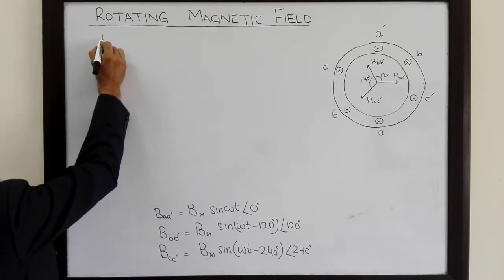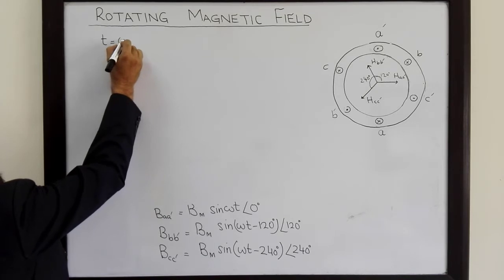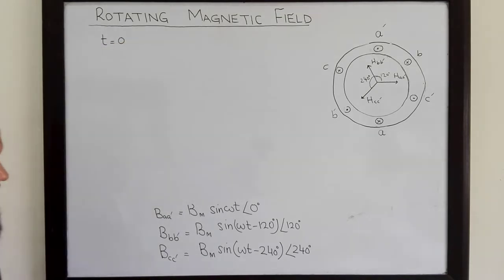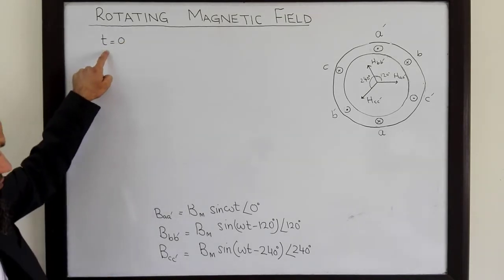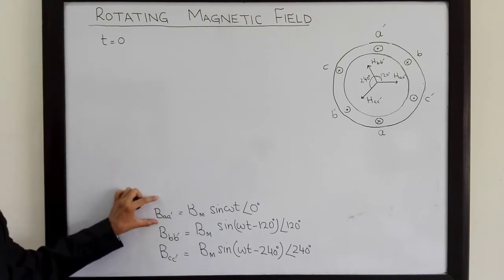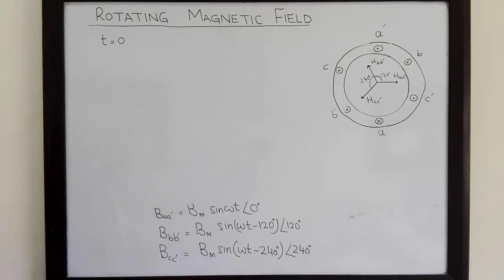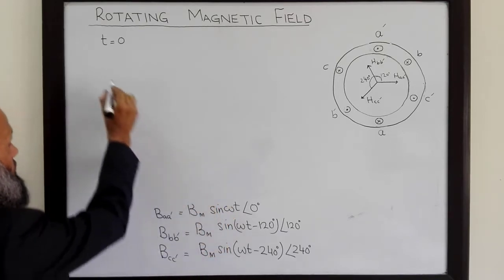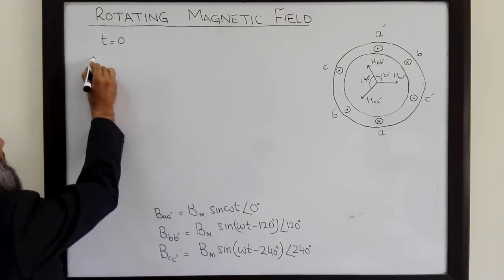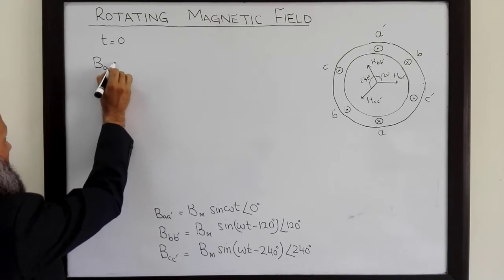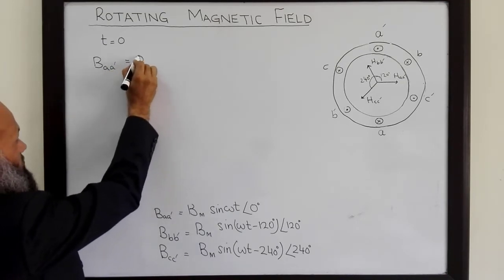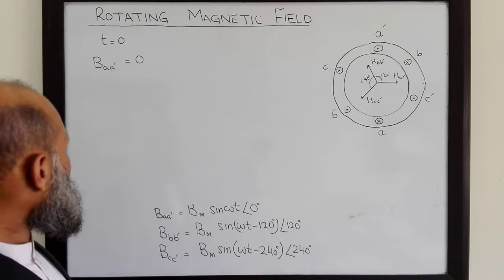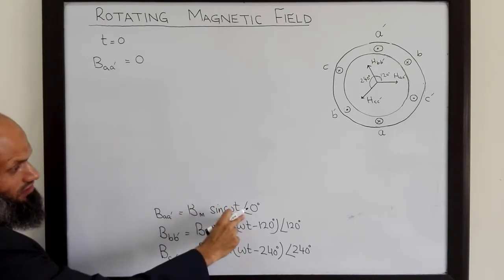So let's see what is the situation at t equal to 0. At t equal to 0, what is the magnitude of this flux density vector? Sine of 0 is 0. So at t equal to 0, BA', that is equal to 0. So what is the direction? Angle 0.